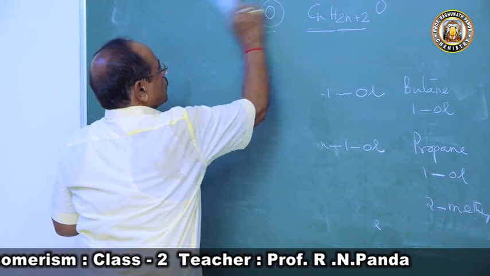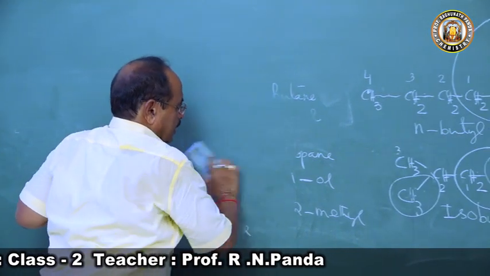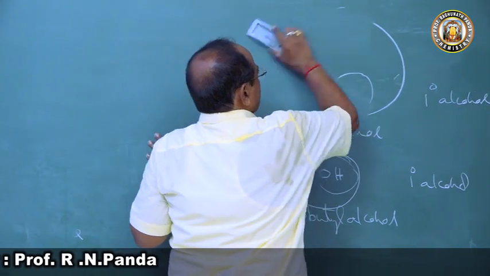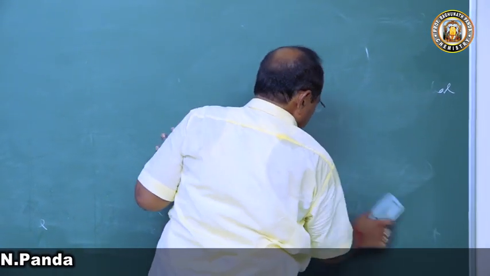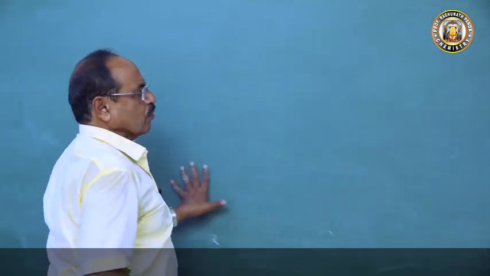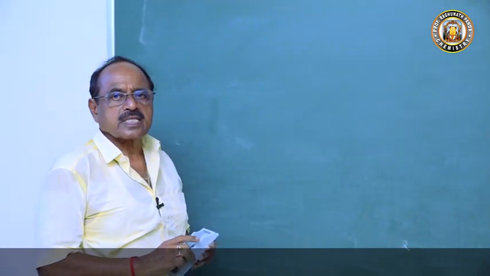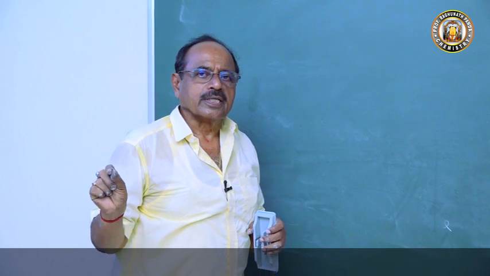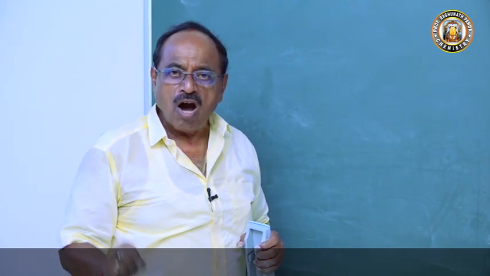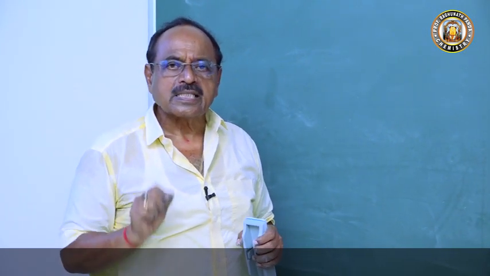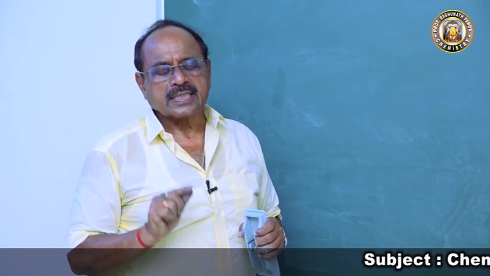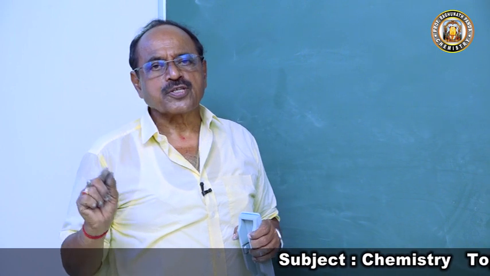Now let's go to the second type of structural isomerism, position isomerism. So look at the definition which you have written. The compounds having the same molecular formula but different structure due to what? Position. Due to the position of the same functional group or unsaturation on the same carbon-carbon chain.